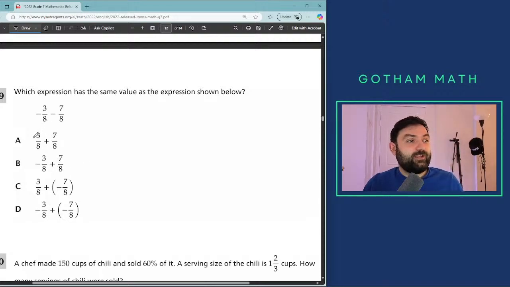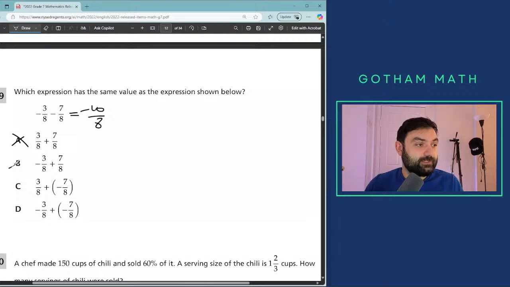This is negative 10/8, because negative 3 minus 7 is negative 10. So this one, 3/8 plus 7/8, is just going to be 10/8. So this is not the answer. This is going to be 4/8. That's not the answer. This is going to be 3 minus 7, which is negative 4. No. The correct answer is D.